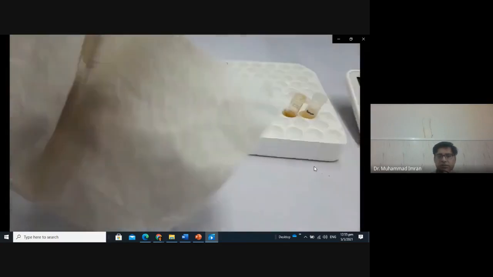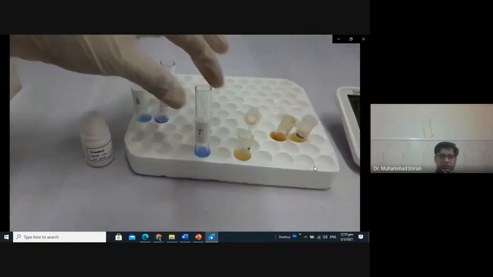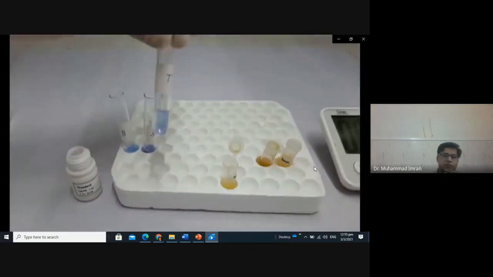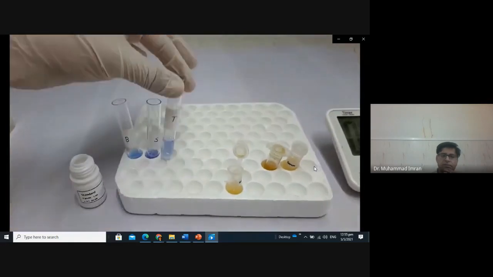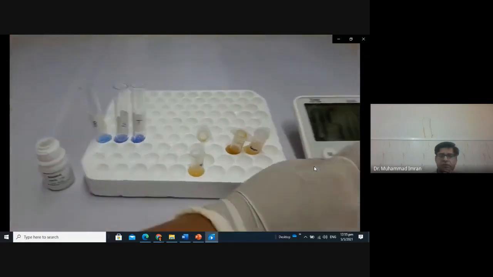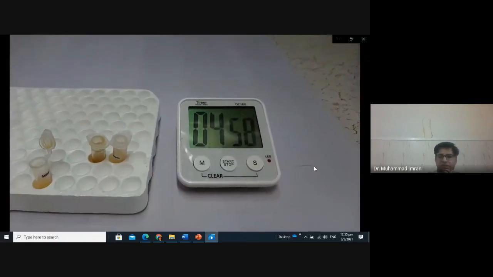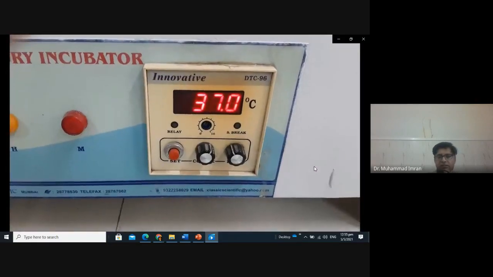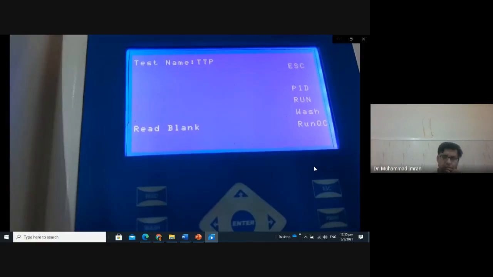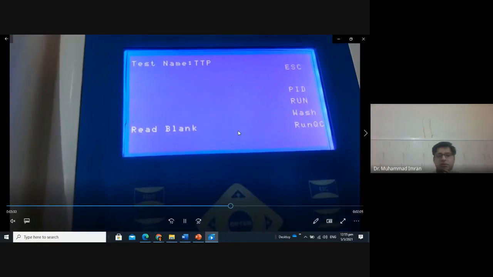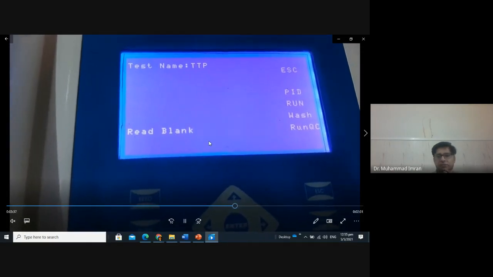You have taken 20 microliter and cleaned with tissue paper, and then you incubate for 10 minutes, or 5 minutes at 37 degrees centigrade. After incubation you have to read the blank first.